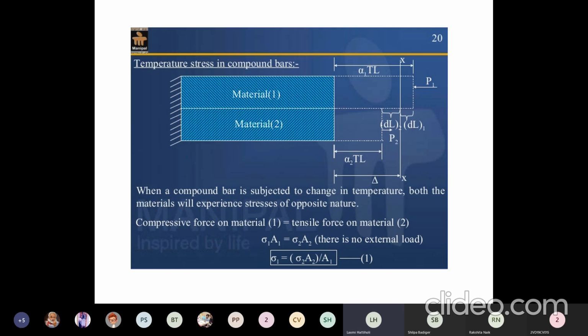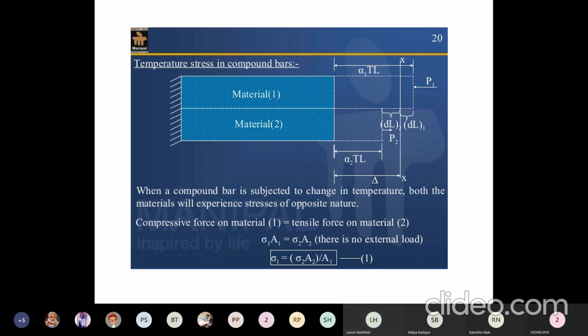Next, after reaching equilibrium, I applied the compressive force P1. So I should bring this P1 up to XX. That means delta L1 I should bring it here, correct? Understand this space, delta L1. To bring this P1 up to DL1, I'm not using any temperature here. It is simple deformation due to axial load.